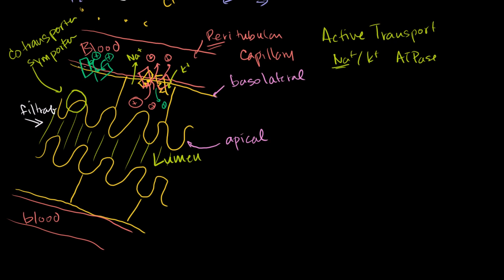So you can imagine we're actively pumping out sodium. So if we're actively pumping out sodium over here on the basolateral side, then we're going to have a low sodium concentration here. The more we pump out, the lower this is. And eventually it's going to be lower than the sodium concentration in the lumen. So if there was no membrane here, sodium would want to go across this to make up for all of the lost sodium over here.